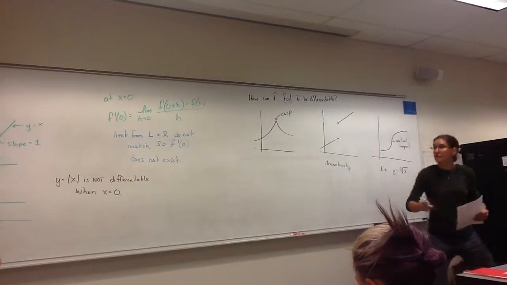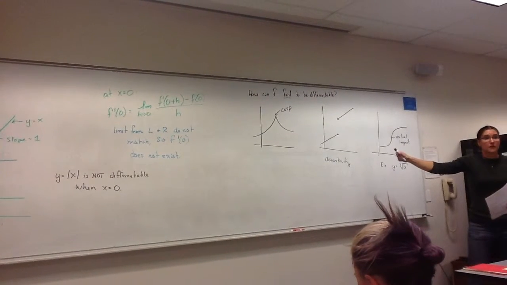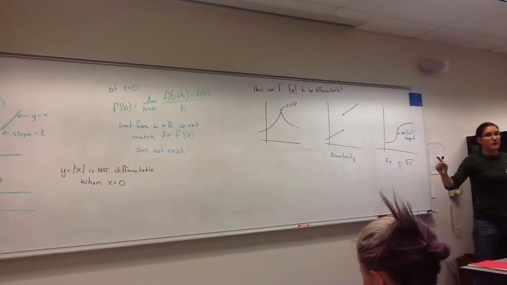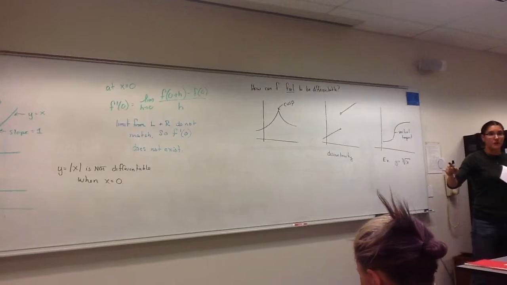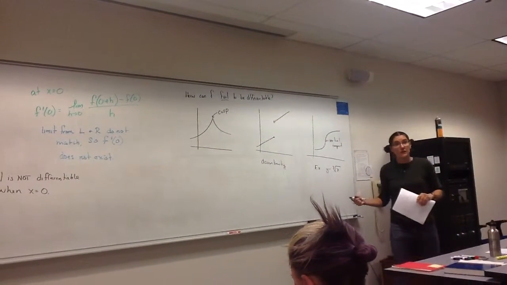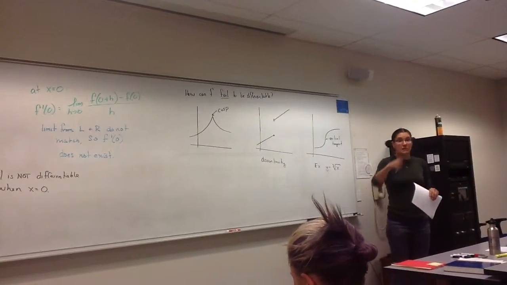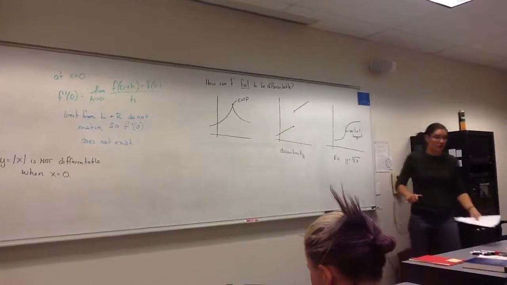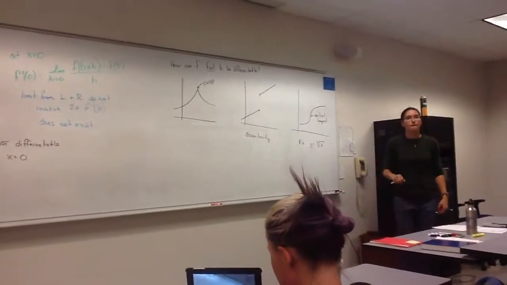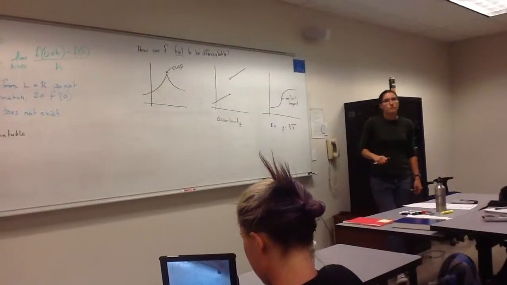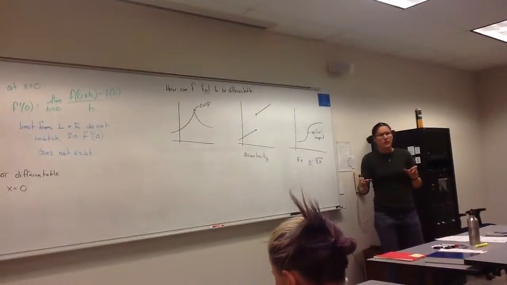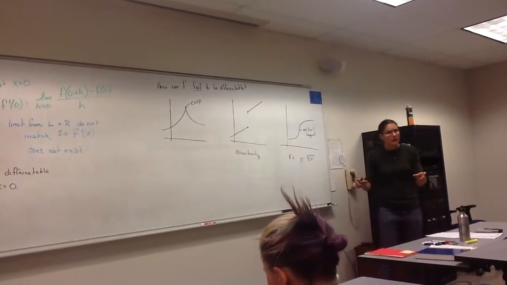Okay, questions or comments? So you want to think in your head, differentiable equals smooth, smooth equals differentiable. A function is differentiable if its derivative exists. So the whole function is not differentiable, not just at that point. So that's a good distinction, and I tend to be a little bit lazy about that distinction.